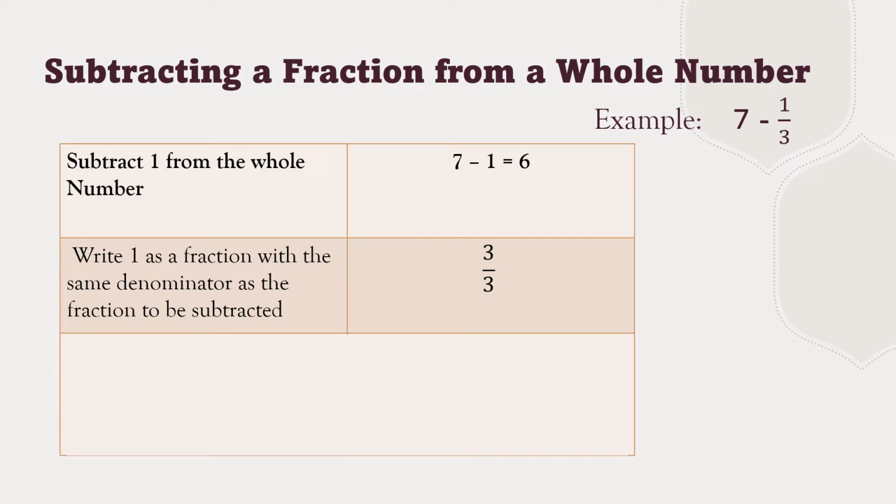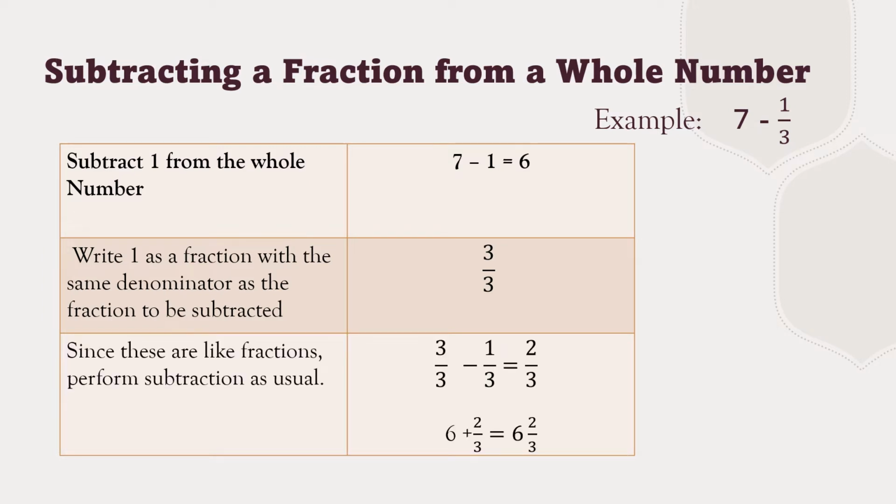And then the borrowed 1 from 7, we will write as a fraction with the same denominator as the fraction to be subtracted. In this case, the fraction to be subtracted is 1/3. Its denominator is 3. So we will write the borrowed 1 as 3 over 3.